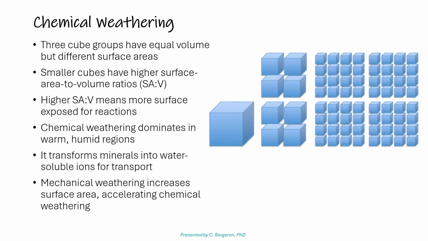It occurs when water, oxygen, and other reactants chemically break down the mineral components of a bedrock, and basically dissolve them into the water. They do that by dissolving the minerals and breaking them down into their soluble ions.